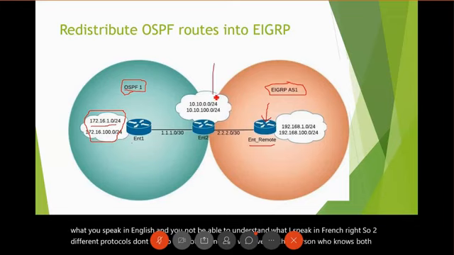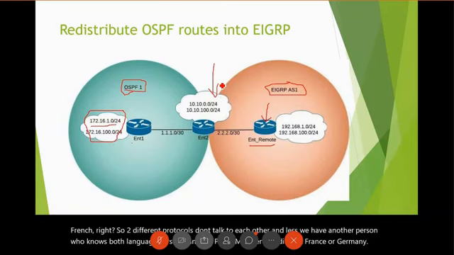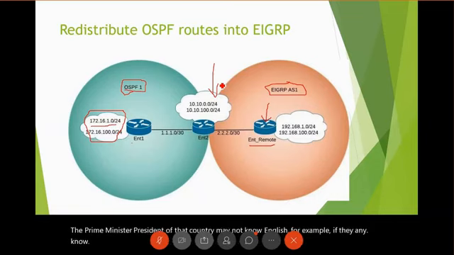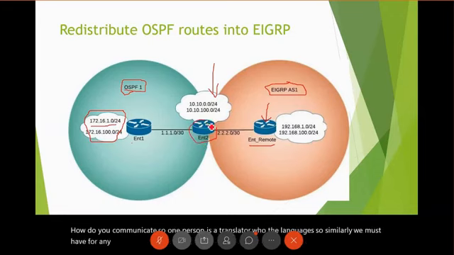For example, if the Prime Minister of India visits France or Germany, the Prime Minister or President of that country may not know English, for example. Let us say they don't know. But how do you communicate? So you'll have one person who is a translator who knows both the languages. So similarly, for any redistribution to happen, there must be one router which is running both the protocols.